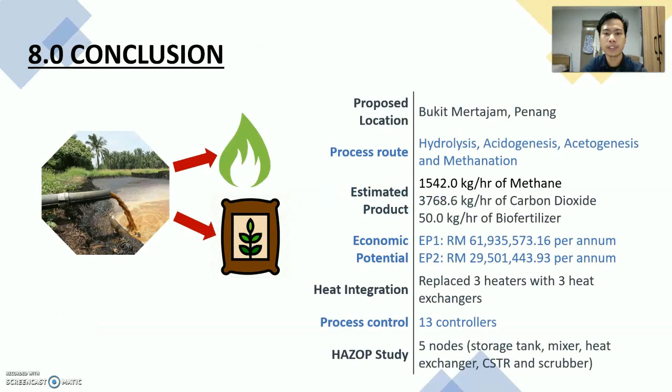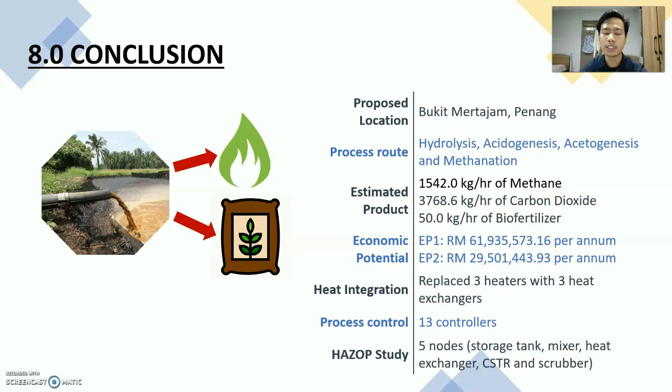In conclusion, we have decided to locate our plant in Bukit Mertajam, Penang based on several factors such as raw material availability, water supply, market, and so on. Generally, to produce biogas from pomace, our feed will undergo 4 main digestion stages, which are hydrolysis, acidogenesis, acetogenesis, and methanation.